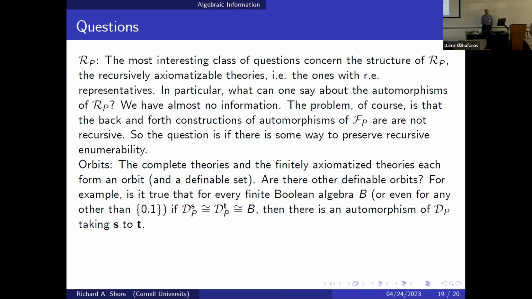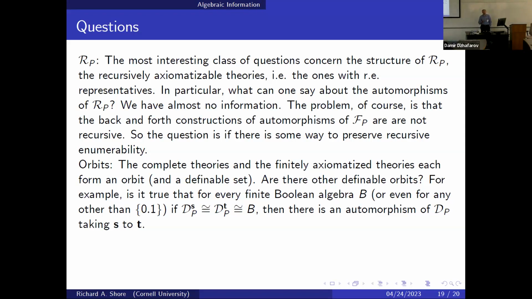There should be some algebraic, some general method of dealing with this. And maybe there is, I just haven't been able to search the literature. The literature on Boolean algebras is very large. I'm not familiar with it. So I think that's an interesting question. For arbitrary Boolean algebras, that's a more interesting question, but seems even less likely.